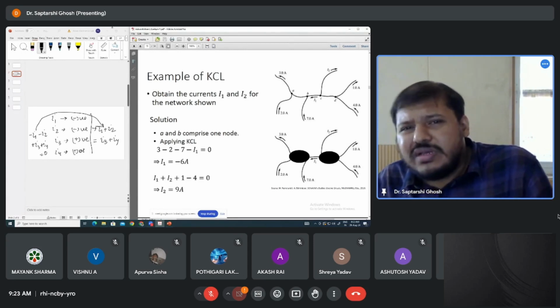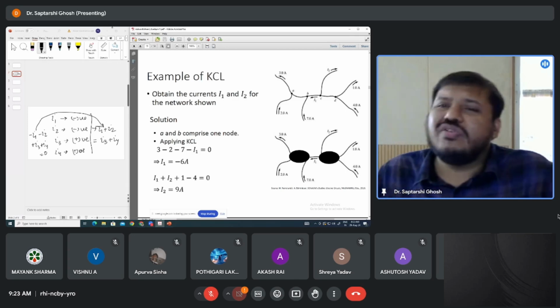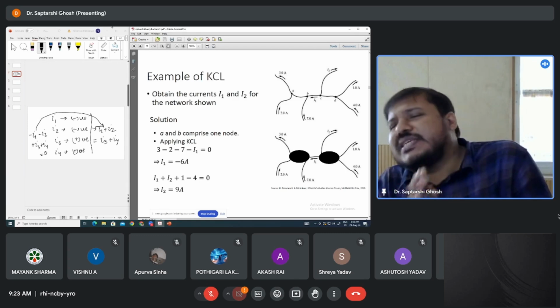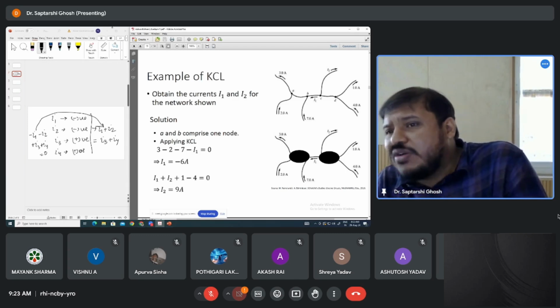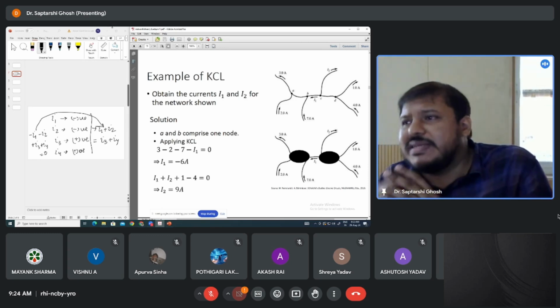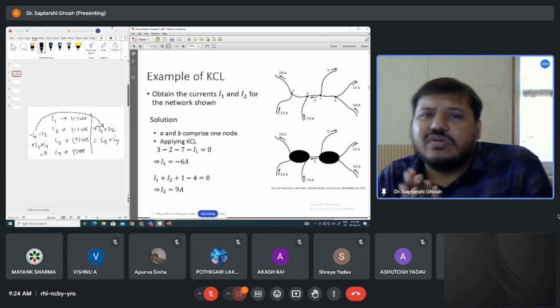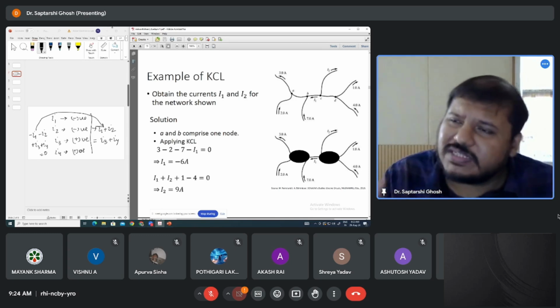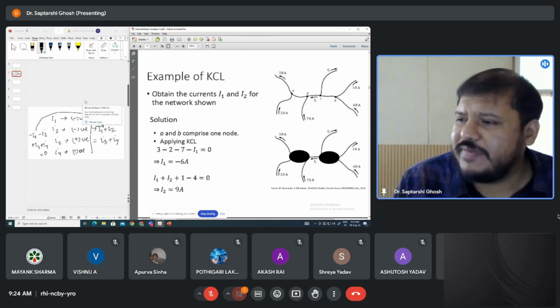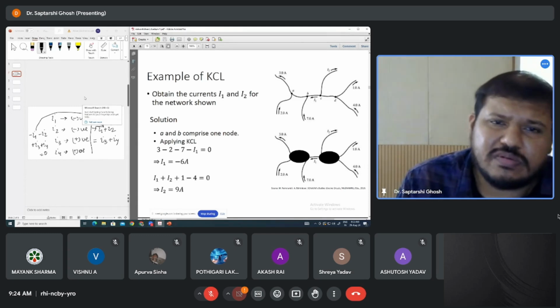KCL will be a part, and more theorems you have to apply. So with this basic understanding of KCL, we will go into some advanced topics, like nodal analysis and mesh analysis. Those things we will do next. So this is the first basic theorem, that is KCL. If you have any doubt in KCL, please let me know.